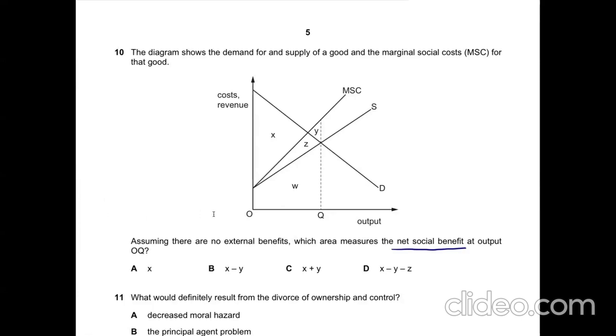So the original social benefit that could have been achieved is X, obviously, because that's the ideal equilibrium. However, it is not achieved due to the external cost, so we have to minus the welfare loss of it. So to find the net social benefit, I need to minus the deadweight loss, which is Y. So the answer has to be B.